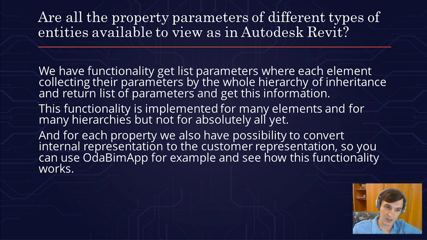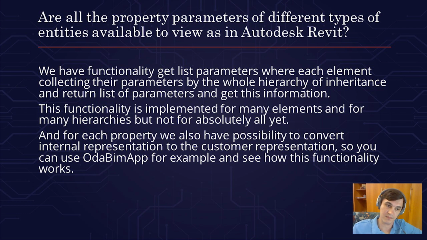This functionality is implemented for many elements and for many hierarchies, but not for absolutely all yet. And for each property, we also have the possibility to convert the internal representation to the customer representation.